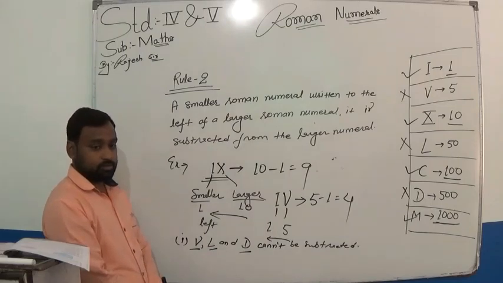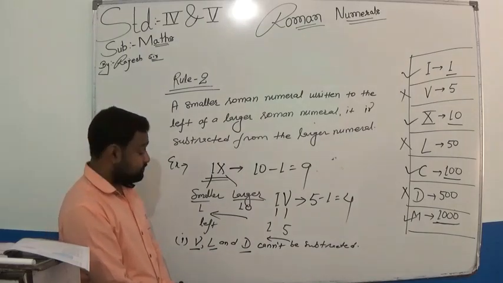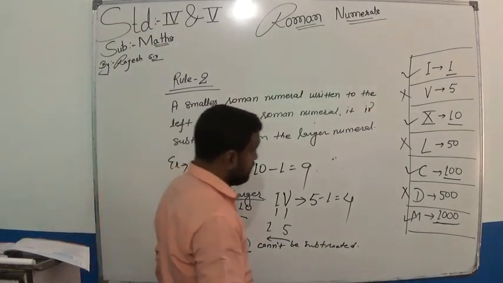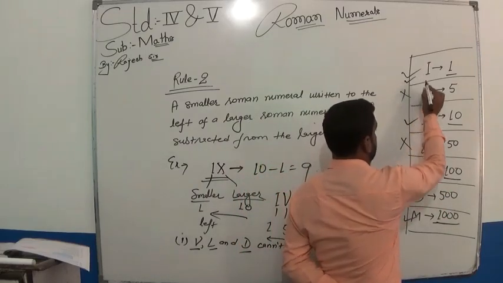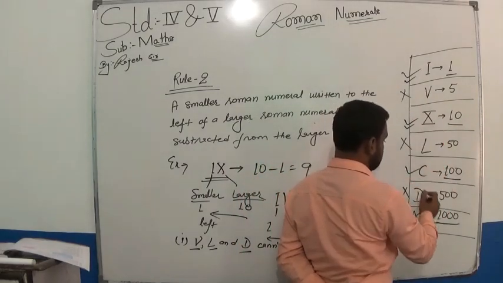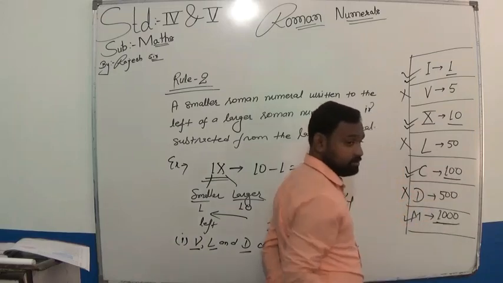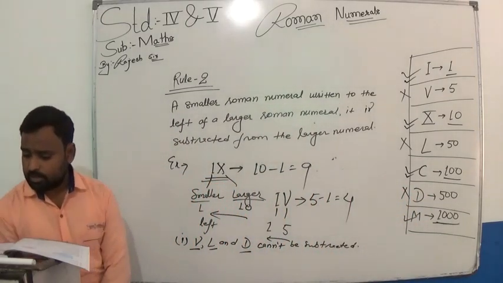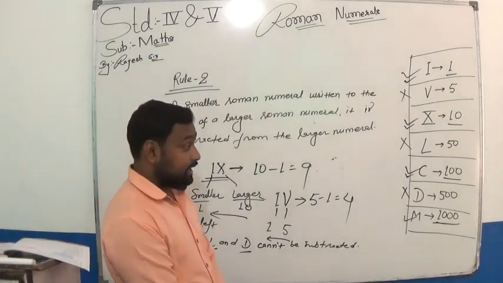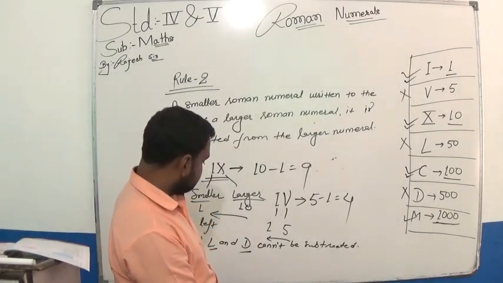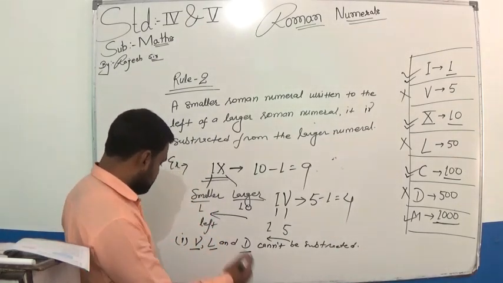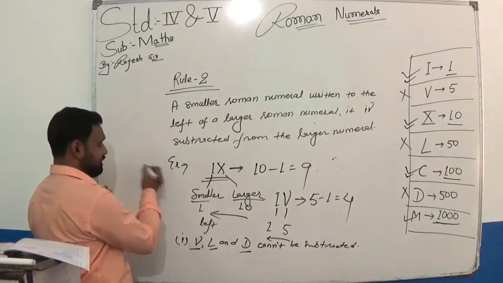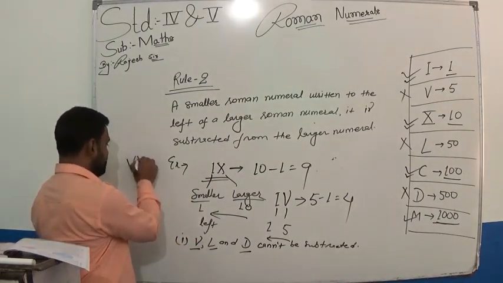We can subtract only I, X, C. Number 2. We can't write it like this, VX.